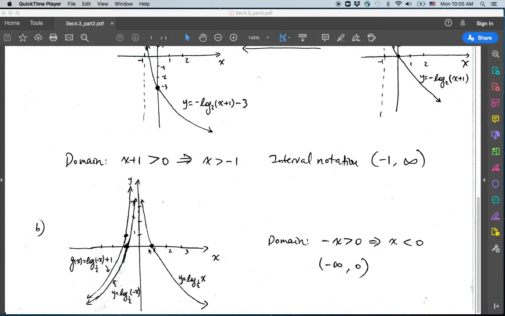It's going down like that, passing through this point. Next, we're going to reflect the graph of the parent function across the y-axis to get the graph of y equals log of -x with base 1/2. This is what it looks like.